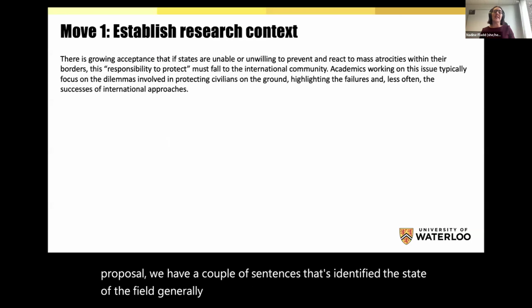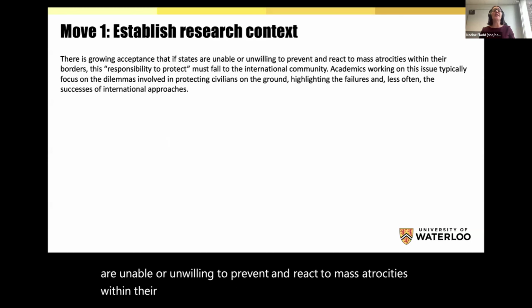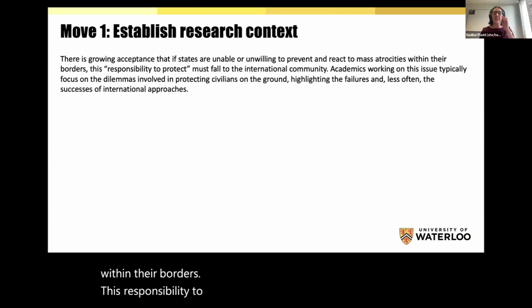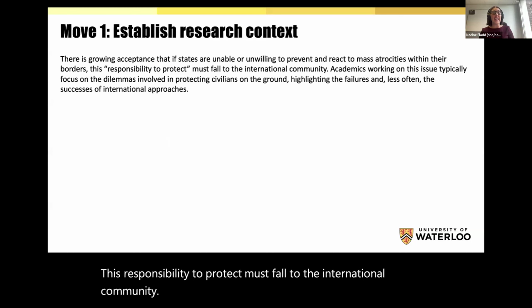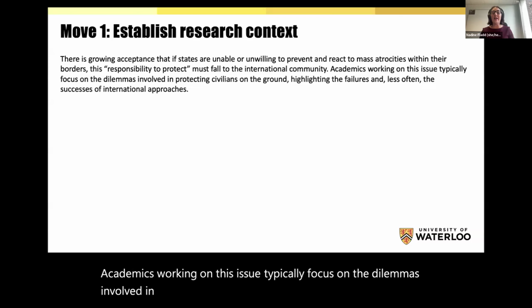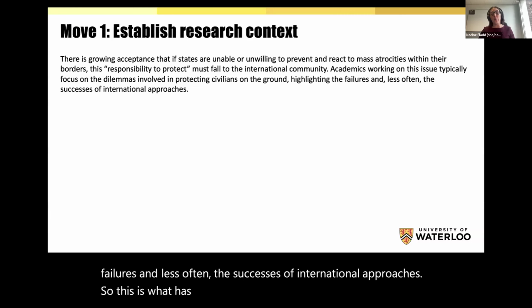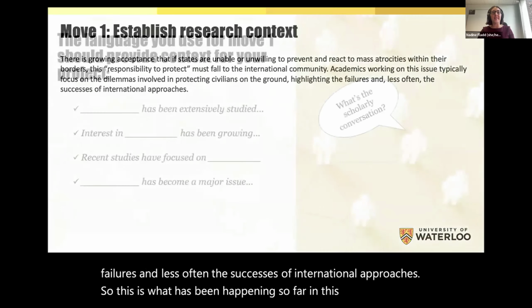So there is growing acceptance that if states are unable or unwilling to prevent and react to mass atrocities within their borders, this responsibility to protect must fall to the international community. Academics working on this issue typically focus on the dilemmas involved in protecting civilians on the ground, highlighting the failures and less often the successes of international approaches. So this is what has been happening so far in this field.